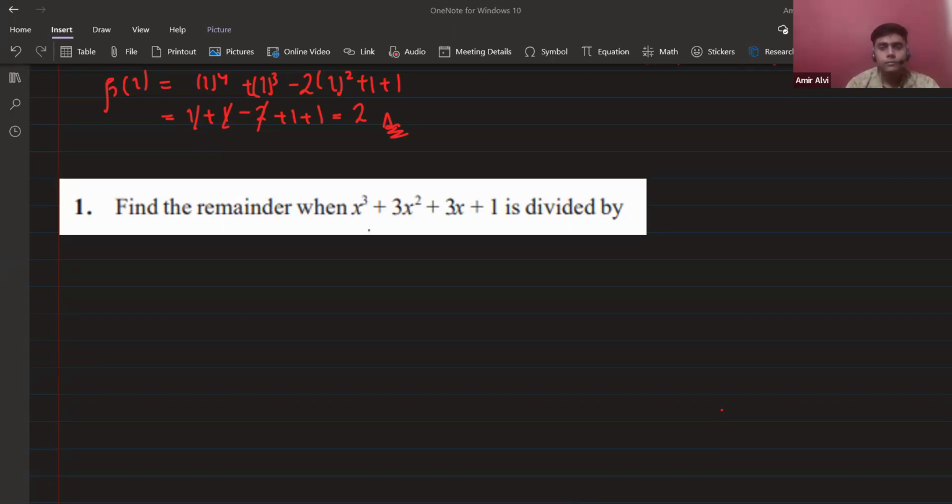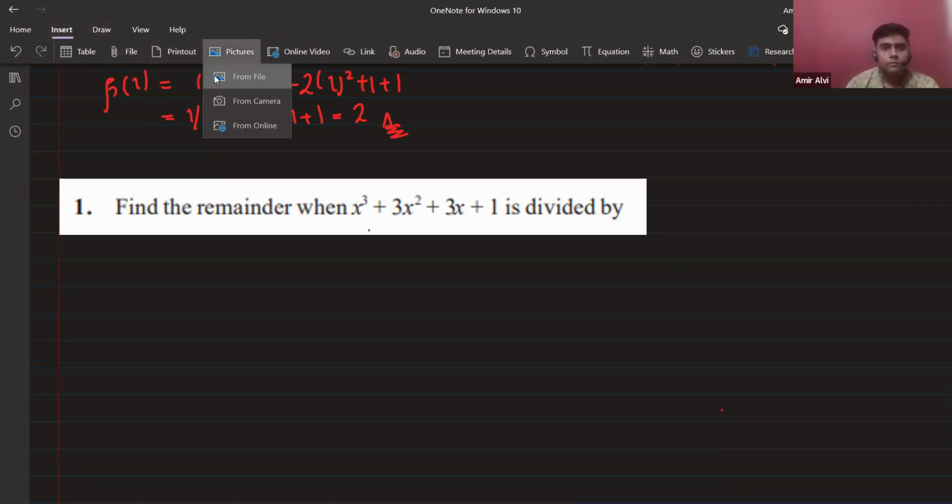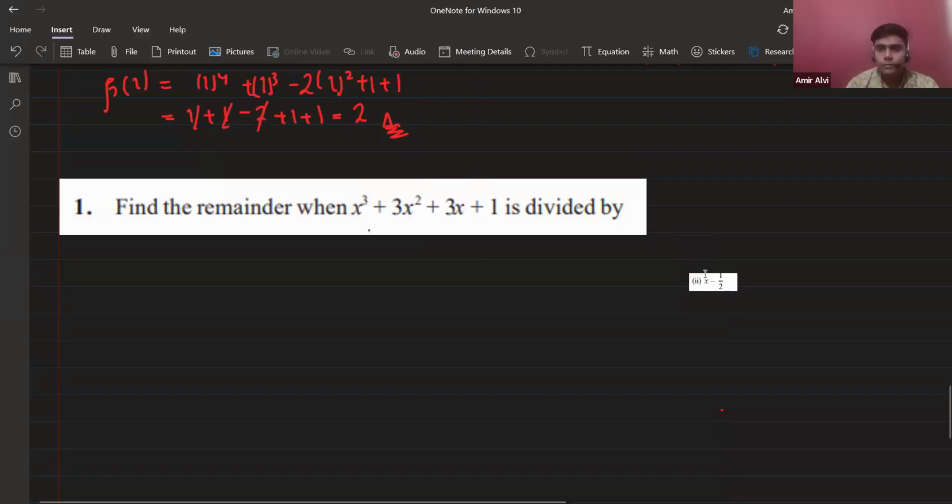Sir, this one we have to do? Yes, you have to do it with long division. I'm giving you the divisor as well. The divisor is not given in the question, so I'm giving it to you. Basically, the divisor is x minus 1 by 2.